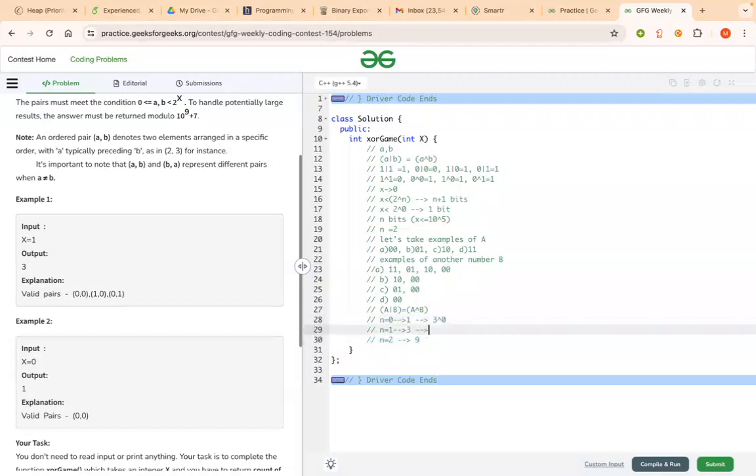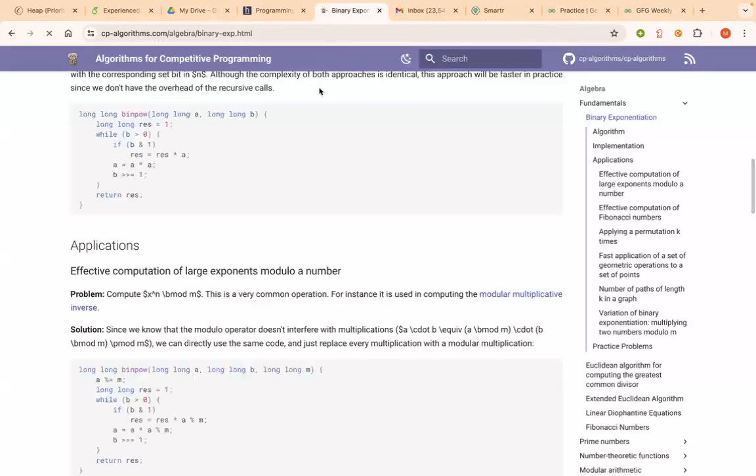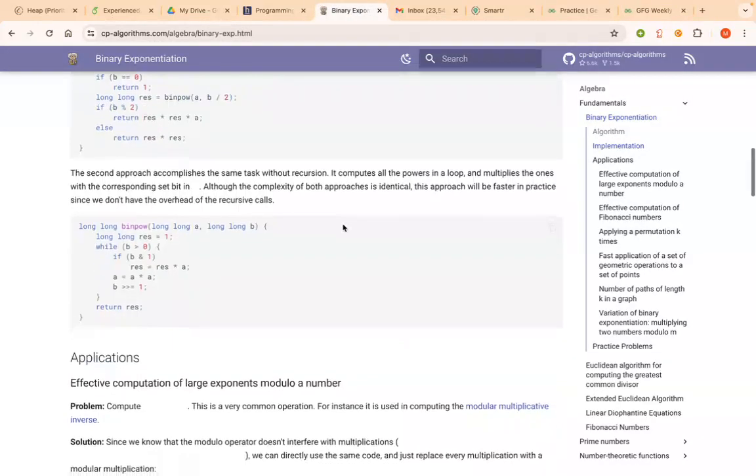This is 3 raised to 1 and this is 3 raised to 2, right? So from this we can conclude, if we have x number of bits, then this is simply 3 to the power x. So again, for the binary exponentiation, you can take help from this CP algorithm article.